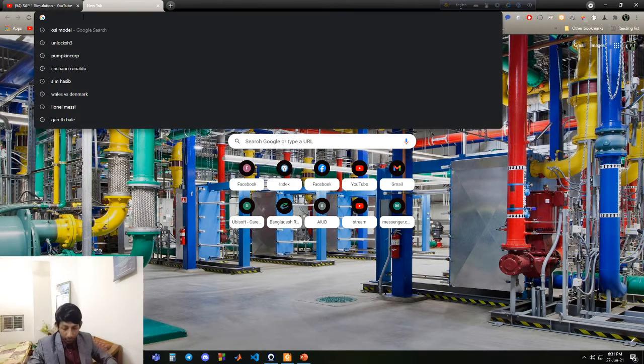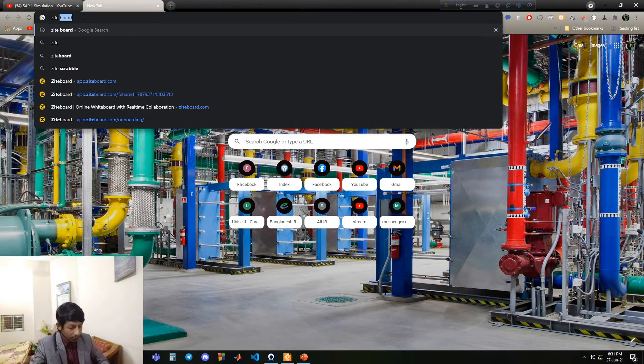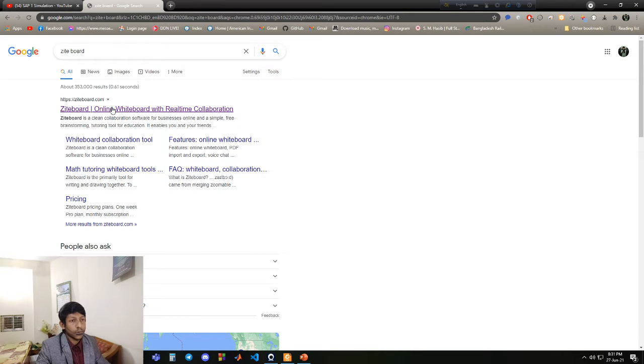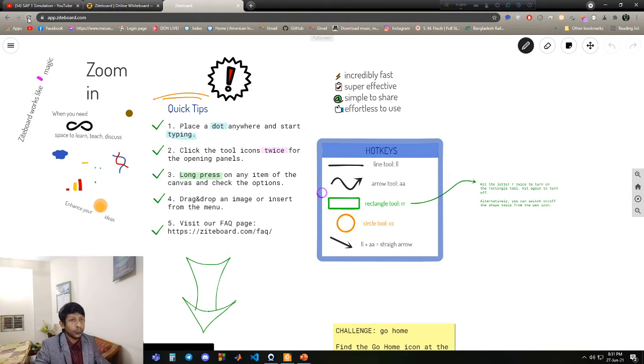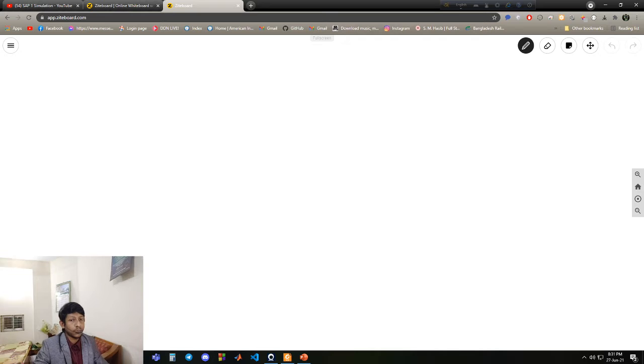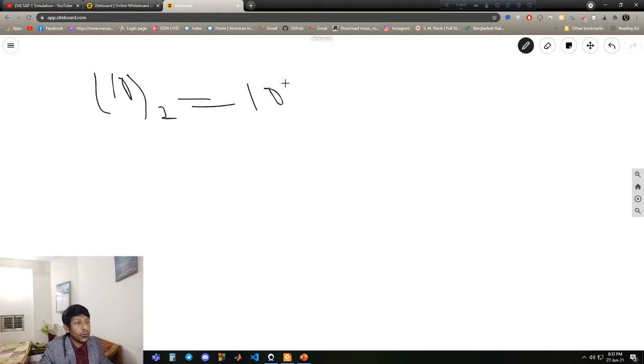So here I am opening Ziteboard. I am taking 10 as a sample decimal number, and its binary is 1010.